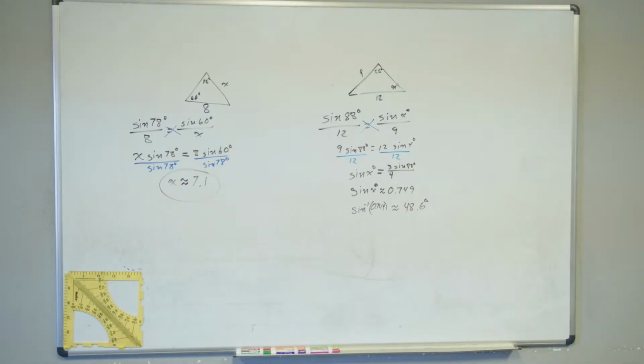No, you've got to do the first thing. So 3 times the sine of 88 divided by 4. Good, so you got that back in there. Okay, 48.6 degrees. We did it. Look, Mom.